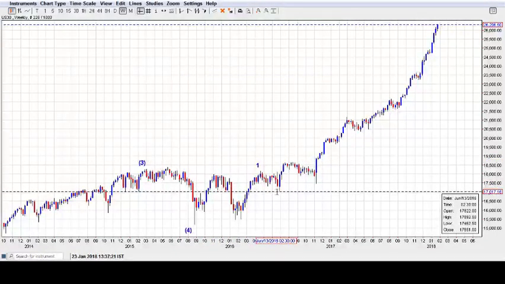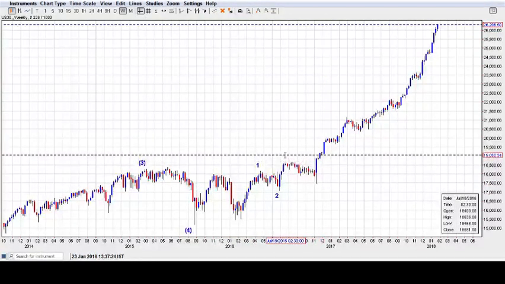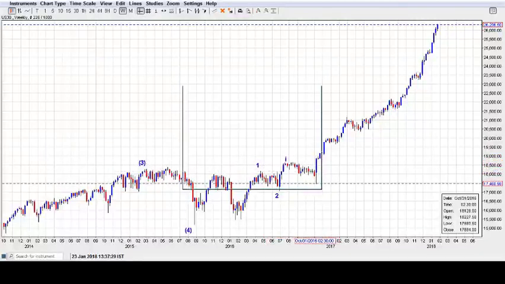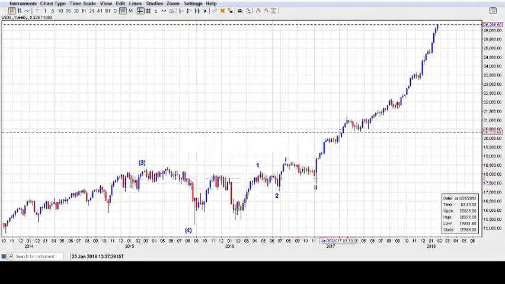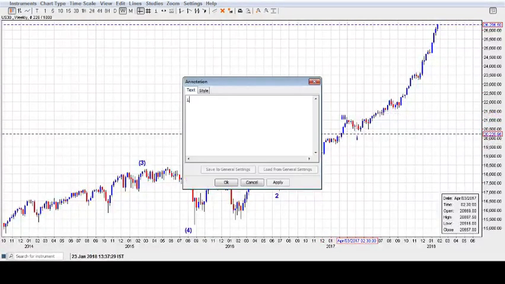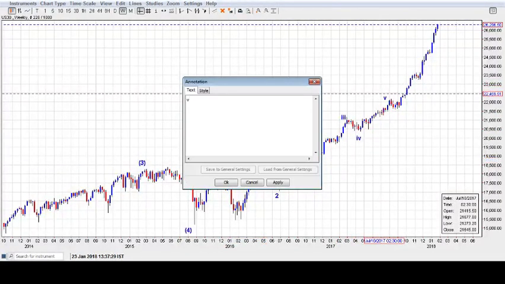That was wave one, wave two, and then one, two, three, four, and five.